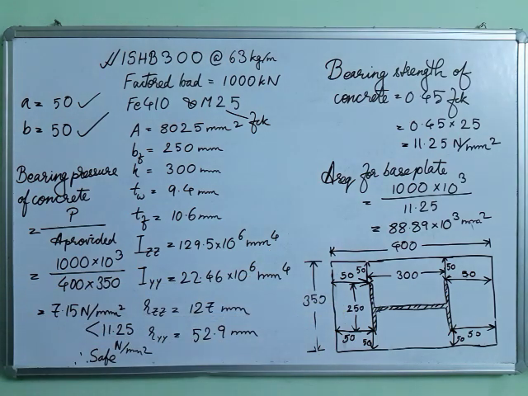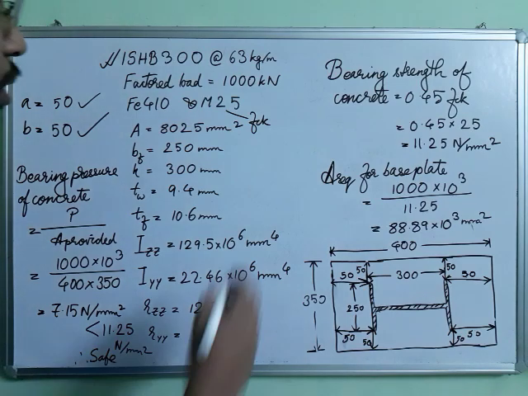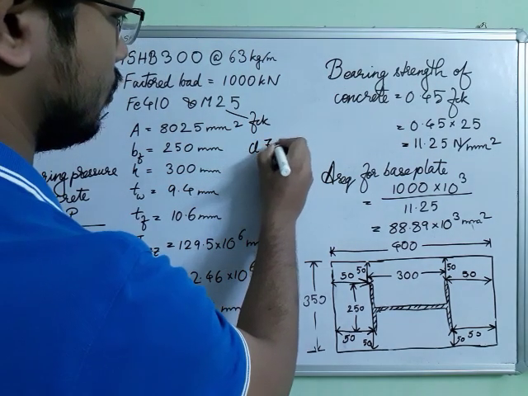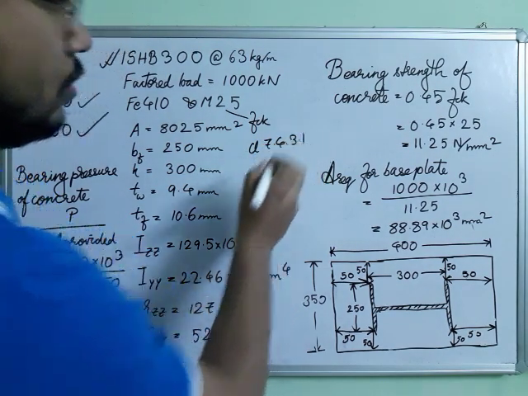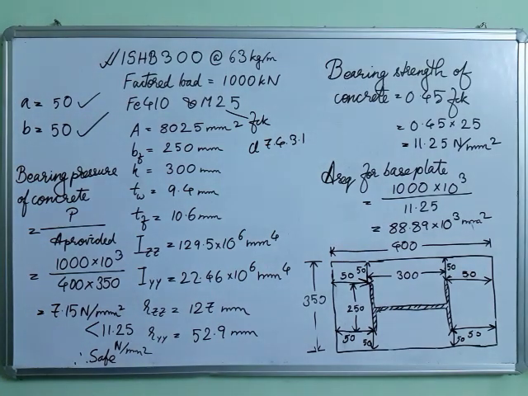So what is the last thing that we need to calculate? It is the thickness. For thickness you need to take out your IS code and go to clause 7.4.3.1. There is a formula, you write it down.